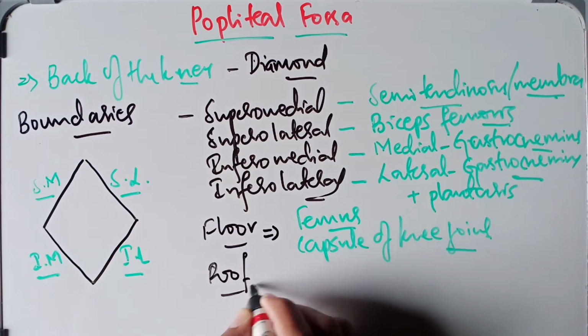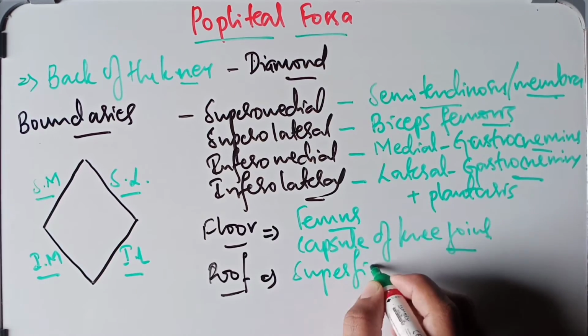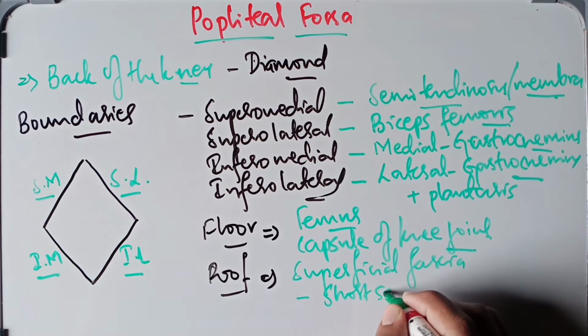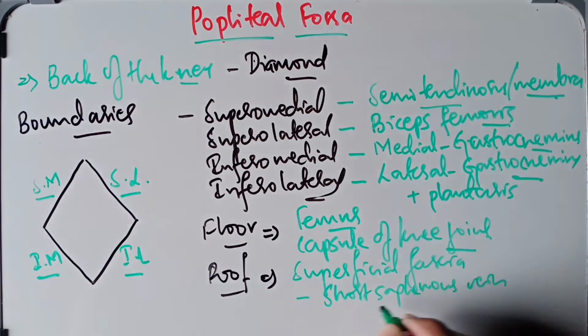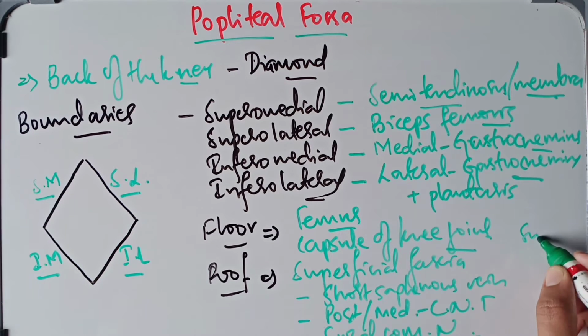Now moving on to the roof of the popliteal fossa. The roof is made up by the superficial fascia, which contains the short saphenous vein, the posterior cutaneous nerve of the thigh, the medial cutaneous nerve of the thigh, and the sural communicating nerve.